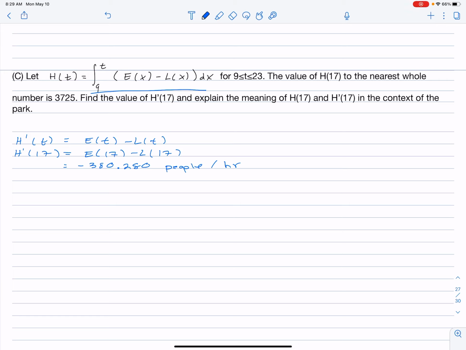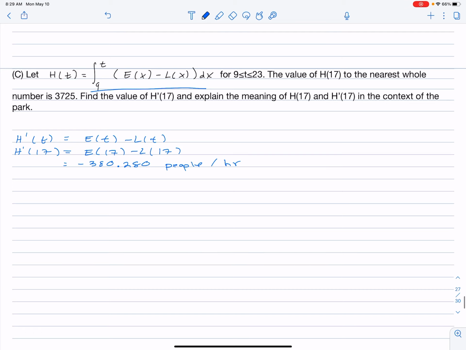So let's revisit that a little bit. Let's talk about what both of these two things mean again. One more time, what is h of 17? H of 17 is at time t equals 17. So this represents how many people are in the park at any one time. Remember, this is going to give us a position.